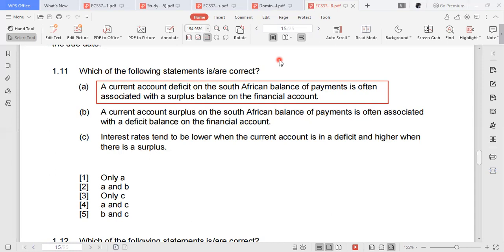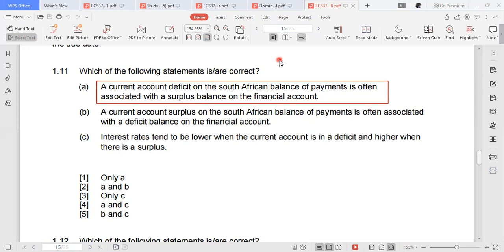So with regard to the first two statements, they are not only taken into account on a theoretical basis, they are taken into account within the context of South Africa. So what we need to know at first is, does South Africa experience a current account deficit, or does it experience a current account surplus? At first, that is important.